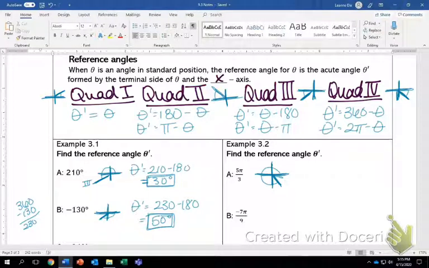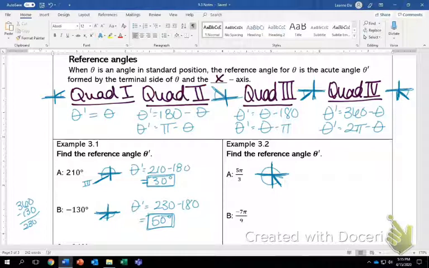Think about it as I have 2 pies: 1 whole pie, and 2 extra pieces, 3 over 3 and then 2 over 3. 3 plus 2 is 5. How many pieces do I need to finish my circle or get back to that starting point? Well, I am missing 1 piece, or 1 pi over 3.